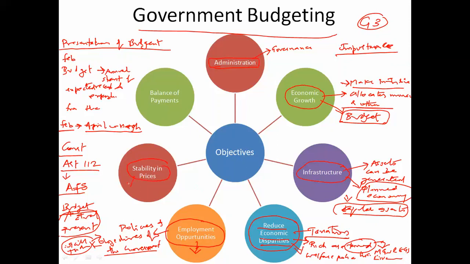Budget is also used to bring stability in prices because it depends on the government's borrowing. Suppose government borrows more and more money, it leads to increase in money supply.